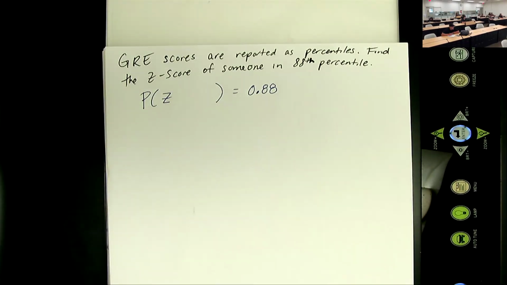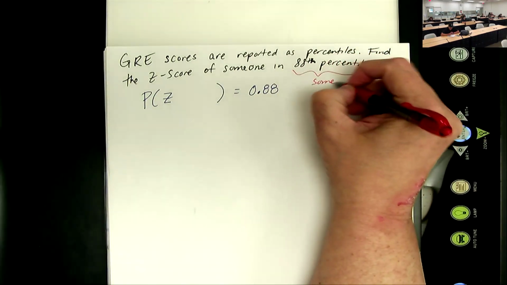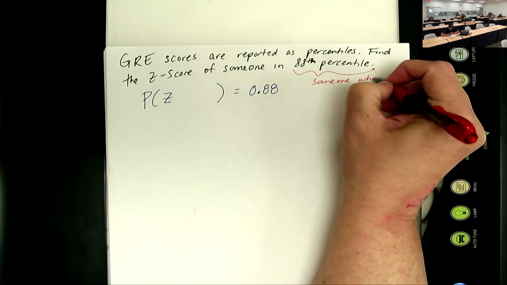Was percentile less than or greater than? What did percentile mean? So percentile, this would be someone who scored higher than 88% of the population.